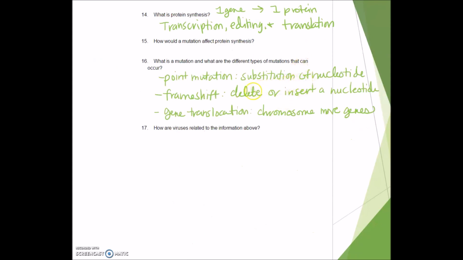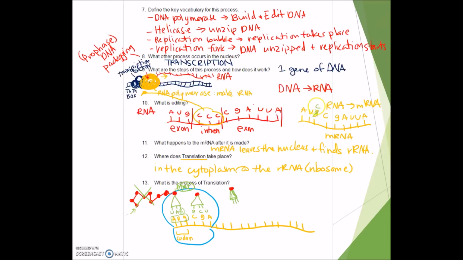Okay, frame shifting is even worse. Okay, so if you were to come up here and take this one out and move this whole segment down, now we're really going to have an issue, because now we're going to be lacking a nucleotide at the end here, and every one of them is severely changed. So now all of this information gets shifted down and every amino acid is incorrect, which is definitely going to give us a non-functioning protein.